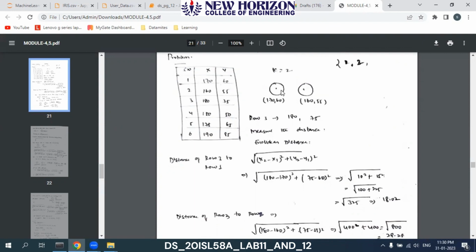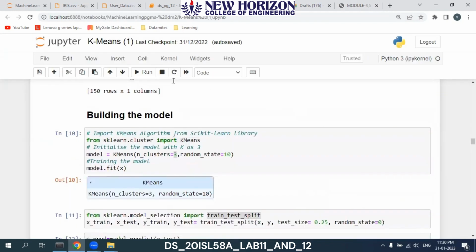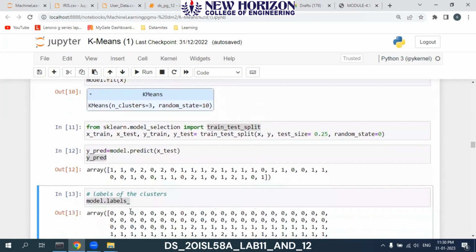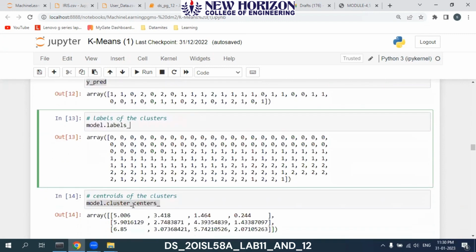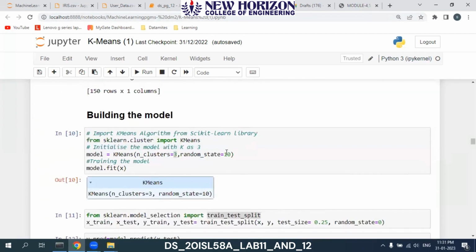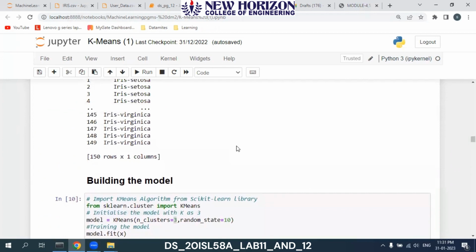And the next one is changing the centroid at every point wherever a cluster has some change. So those two are retrieved using model.labels_, and the next one is model.cluster_centers_. So this is how the centroid information is displayed, and this is how the cluster information is displayed. Right. This is your k-means algorithm. So we don't require your y value. If y value is required, it is a supervised algorithm.